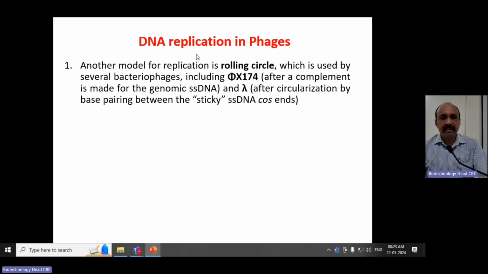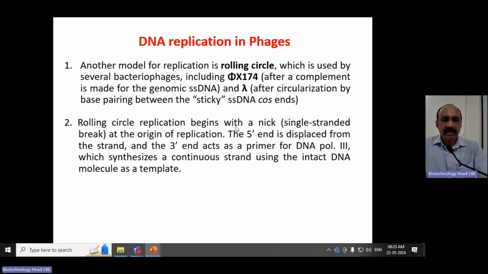In DNA replication in the phages, the rolling circle mechanism is used by the bacteriophages, including phiX174 and also lambda, after circularization through pairing between the sticky single-stranded cos ends.